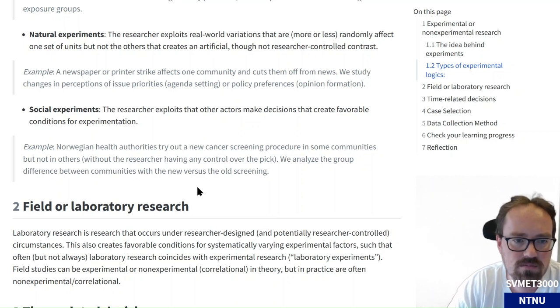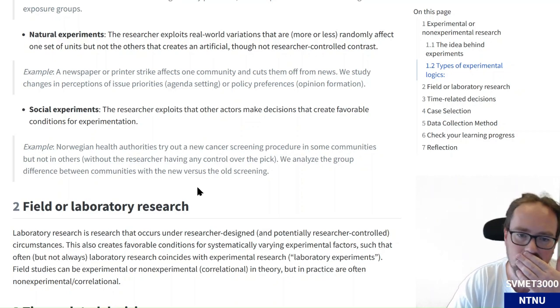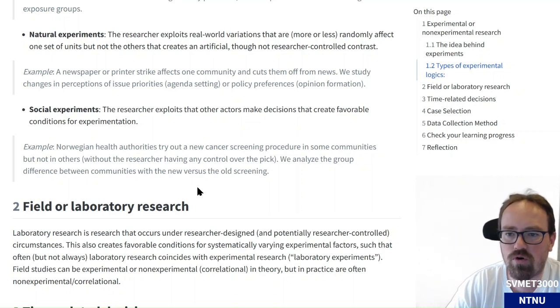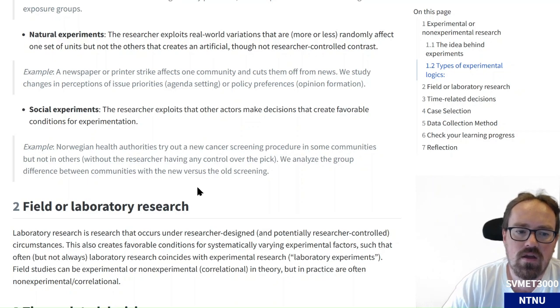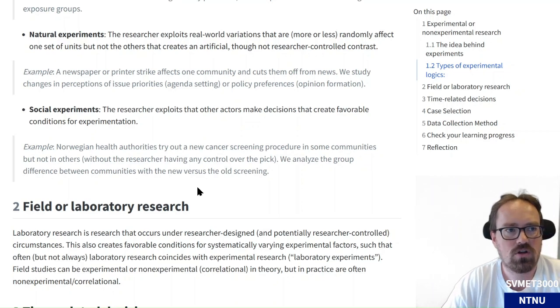And so natural experiments can be quite strong evidence for causation.